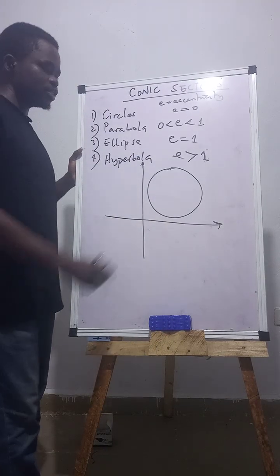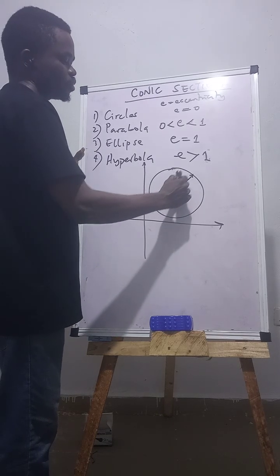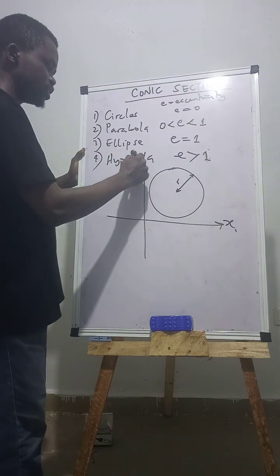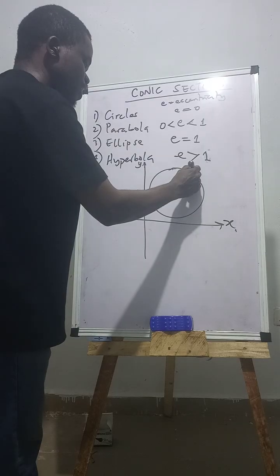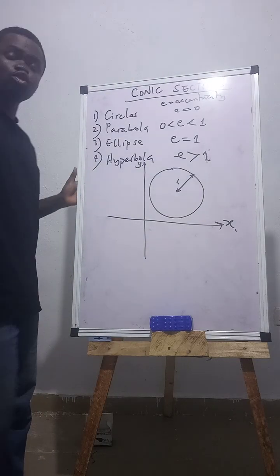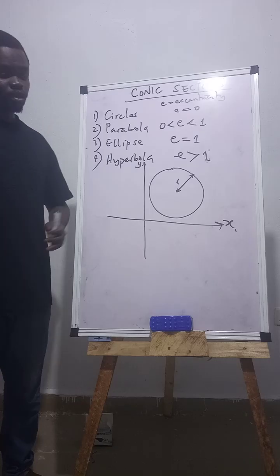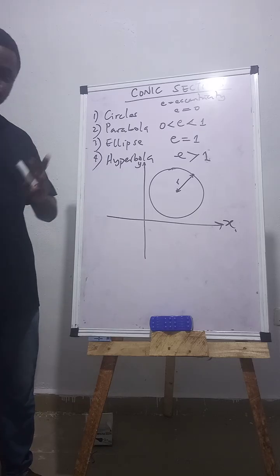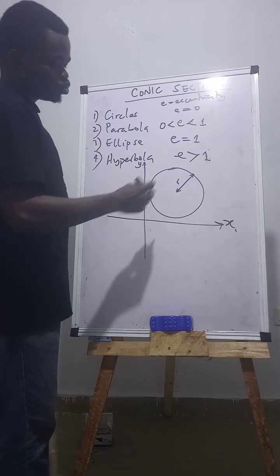In the two-dimensional Cartesian plane, we have the x-axis, and this one normally is the y-axis. Every point on the Cartesian plane has two values, the x value and the y value. If it's a three-dimensional shape, each point will have three values.